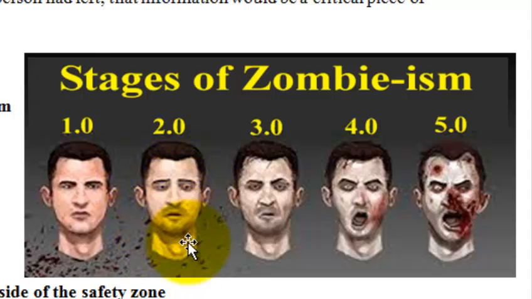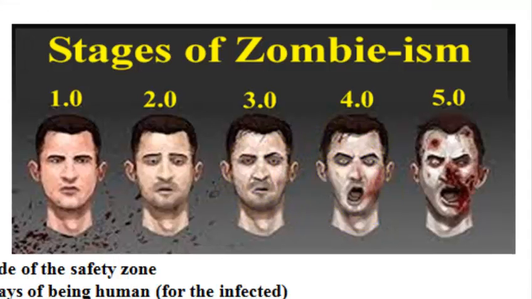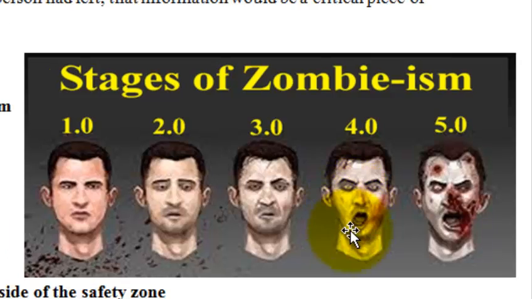Look at his face. He's already tired. Stage 3, secondary infection. Now he's a little bit hungry, and plus, you can see that he never washed, and he's a little bit pale. Stage 4, the tertiary infection. If you look at this guy, he's almost going to become a zombie. And stage 5, there we are, our full-blown zombie.